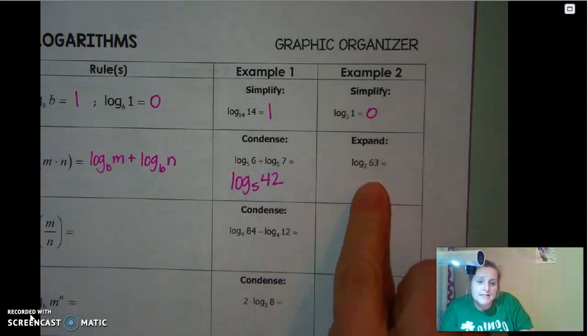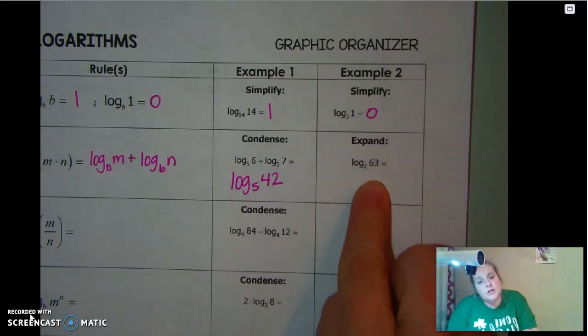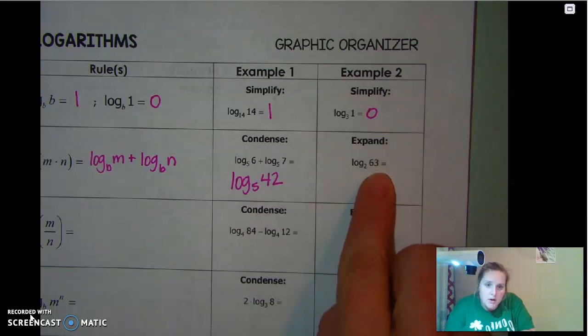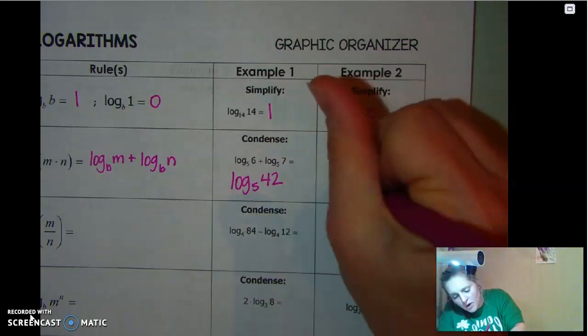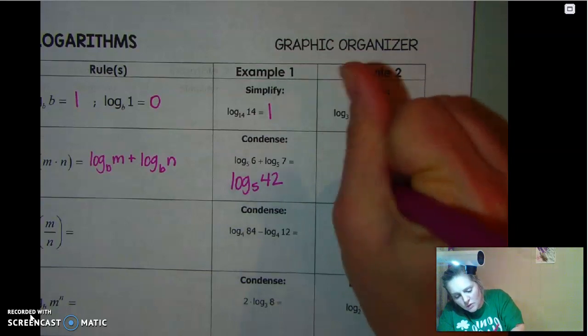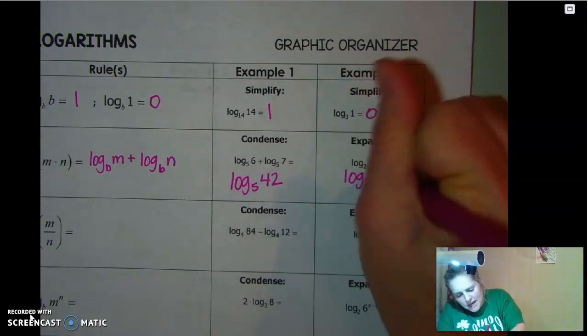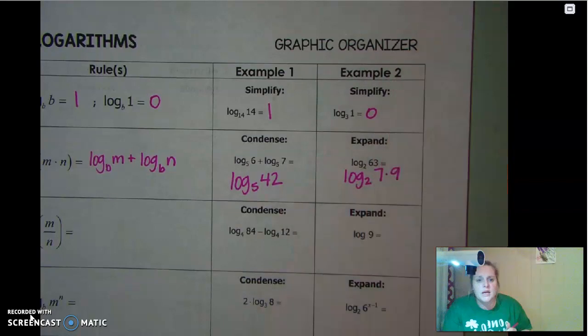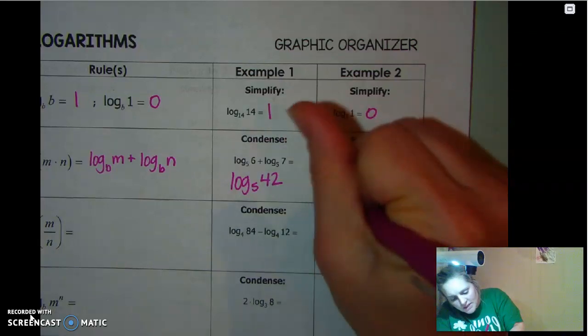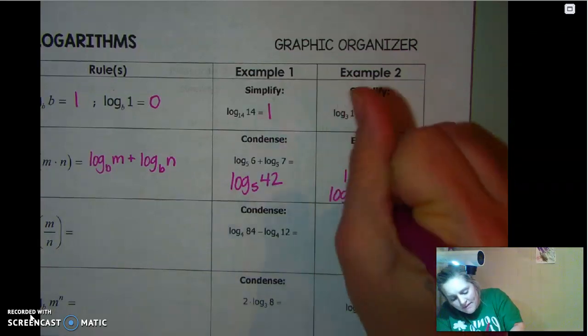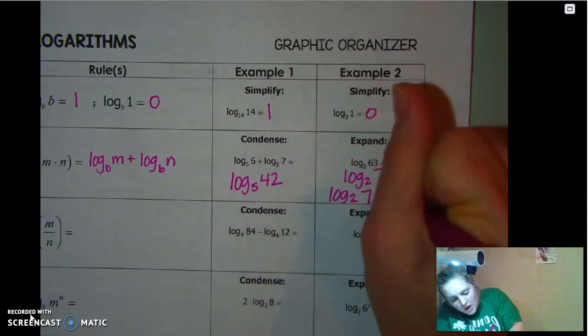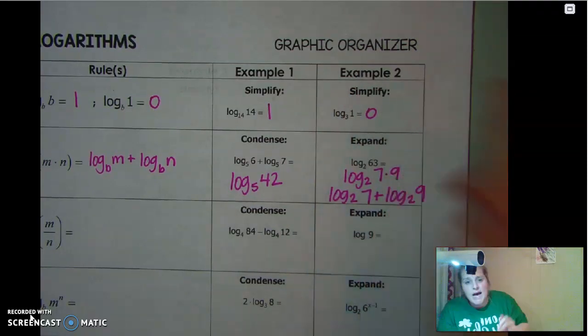If your task is to expand it, then what you're looking for is some factors of 63. Try not to pick something other than 1. So I'm going to do 7 times 9. Okay, so that would be some factors that would multiply together to give you 63. Then you would separate that: log base 2 of 7 plus log base 2 of 9. Okay, that's your product property.